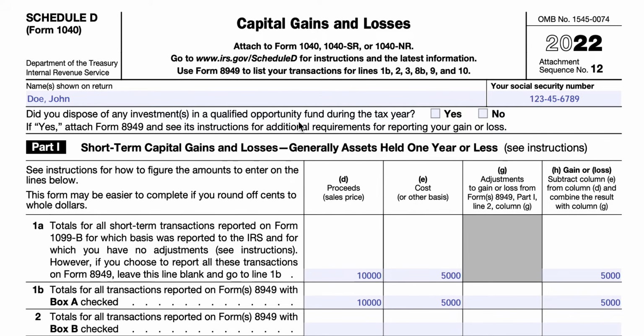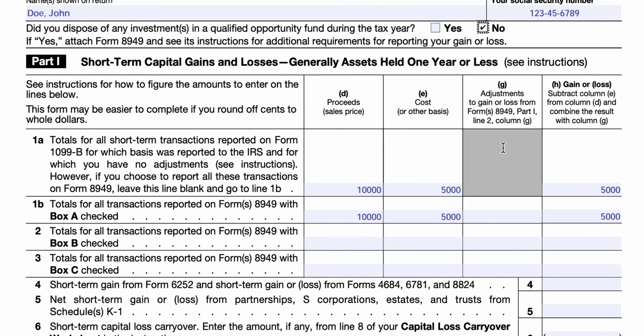If you have an eligible gain, you can invest it in the QOF and then defer part or all of that gain until at least December 31st of 2026, or the date on which you exchange or sell it. If you did sell it or exchange it, then you would need to attach a completed Form 8949 and select yes here. Our hero John Doe did not do that, so we're going to select no.